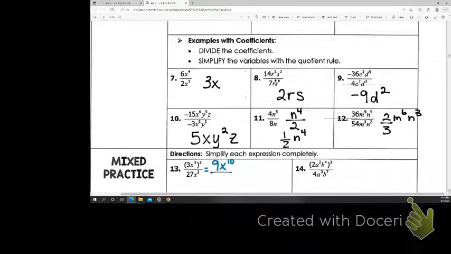The bottom is the same at that point, and then it becomes a problem like the ones we were just doing. So then 9/27 is the same as 1/3, or just a 3 on the bottom. x, 10 minus 3 is 7.